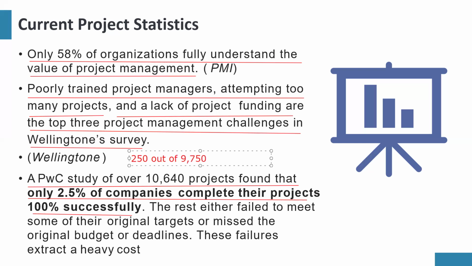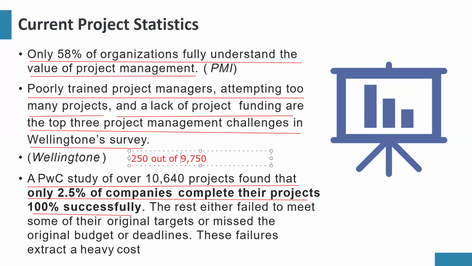So what does completing projects 100% successfully mean? It means that those projects were completed within the project objectives, scope, time, and cost. The scope was achieved, time was achieved in the right time frame. Maybe it was 10 months, the project was completed in 10 months, and it was achieved according to the budget.